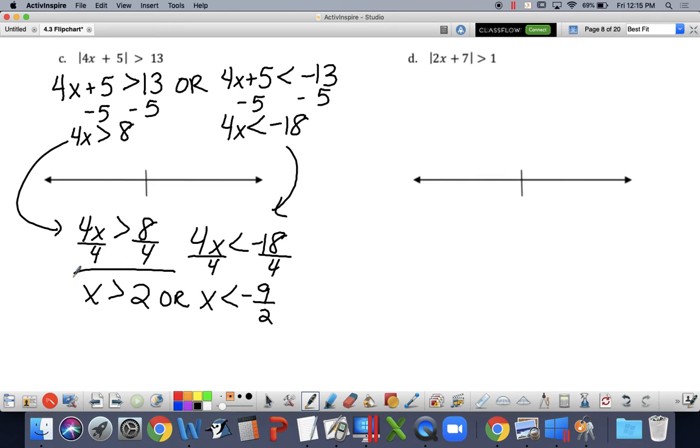Yep, I'm going to simplify my fraction as I go. So I get x is greater than 2, or x is less than negative 9/2. Excuse me. And now I must go ahead and plot these.